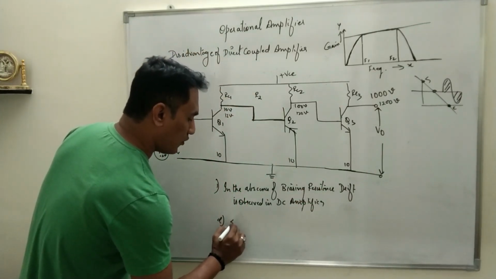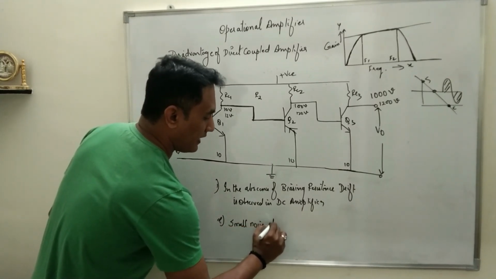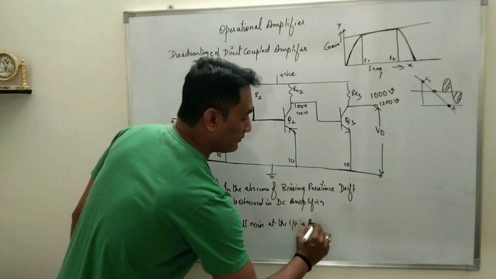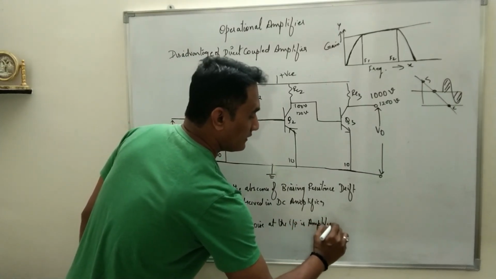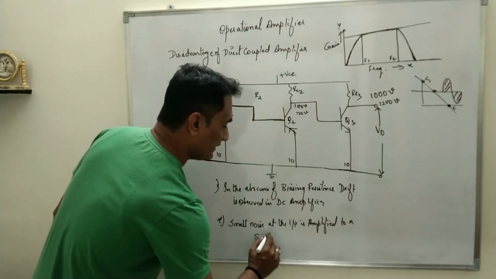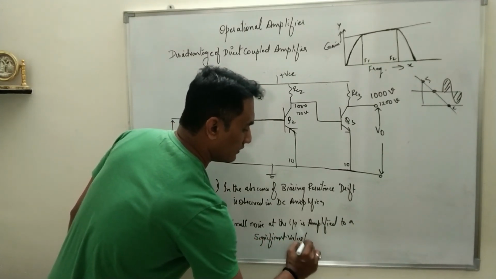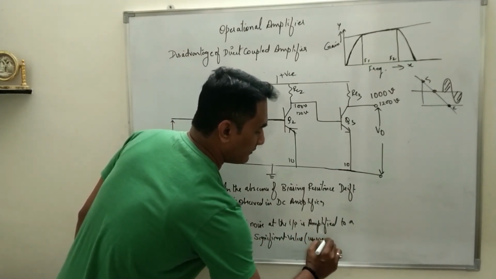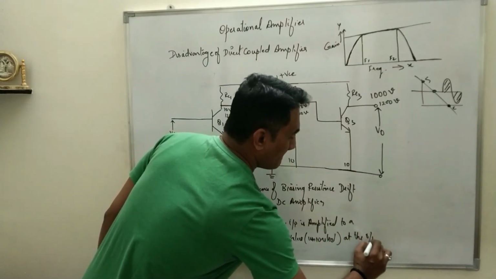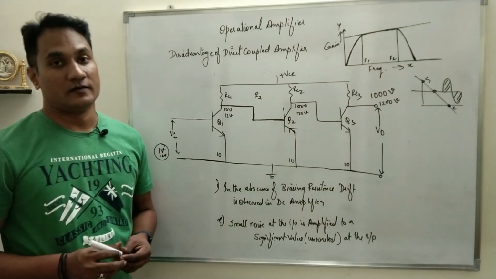Second is small noise at the input is amplified to a significant value, which is unwanted, we will write unwanted in brackets, at the output. So these are the two disadvantages of direct coupled amplifier.